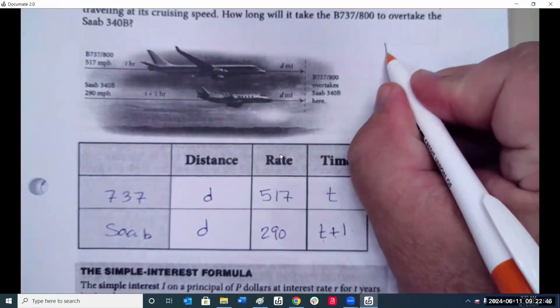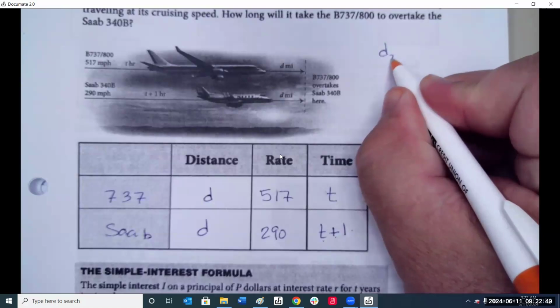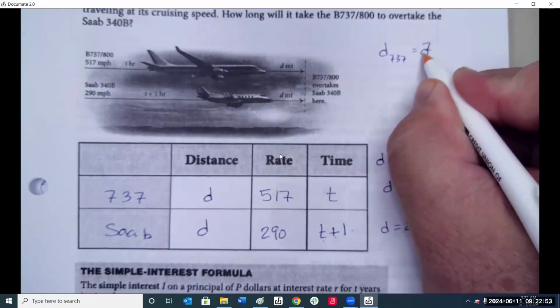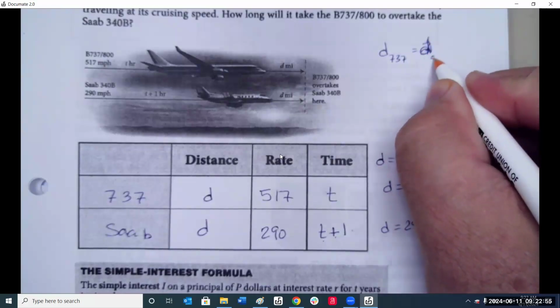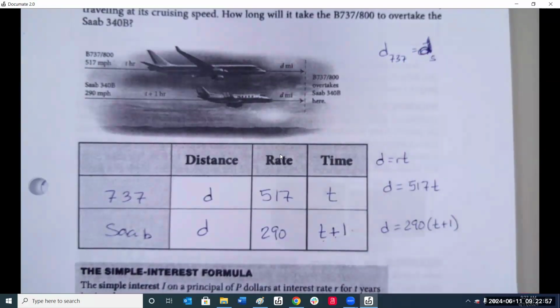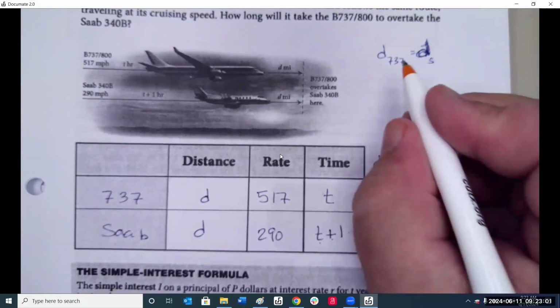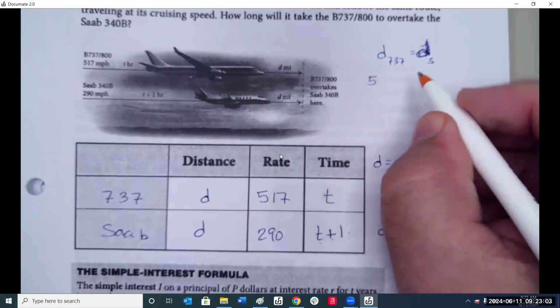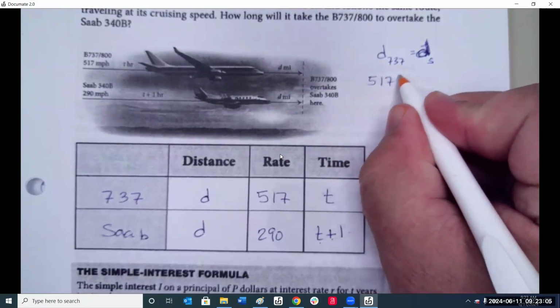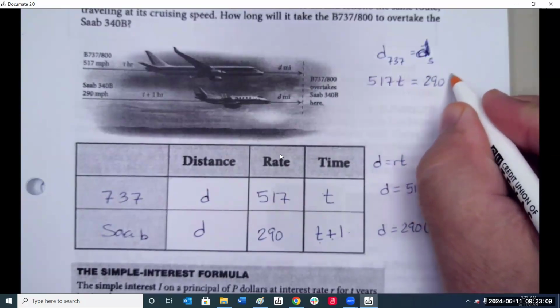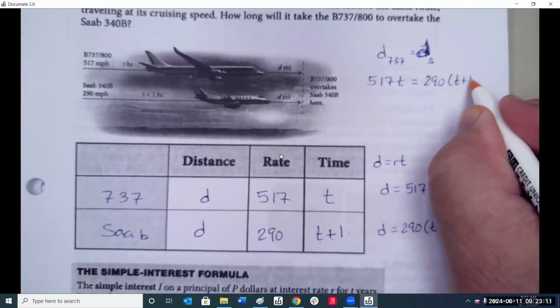So the distance of the 737 has to equal the distance of the Saab. Which means we have 517T equals 290 times T plus 1.